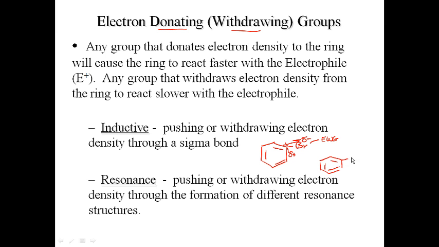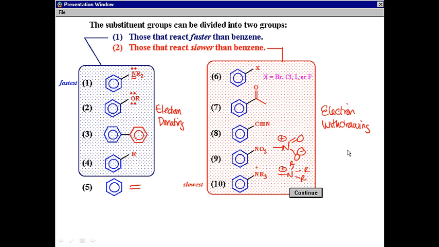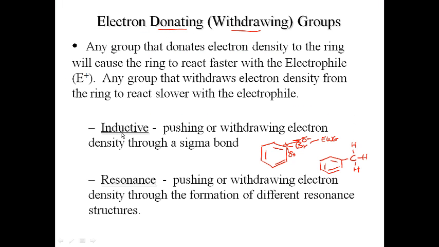Let's say I've got an alkyl group. Going back to the chart, alkyl groups are activating. They push electron density into the ring and cause it to react faster. How do they do that? Well, carbon-hydrogen bond: slightly polar covalent, the hydrogens are delta plus.